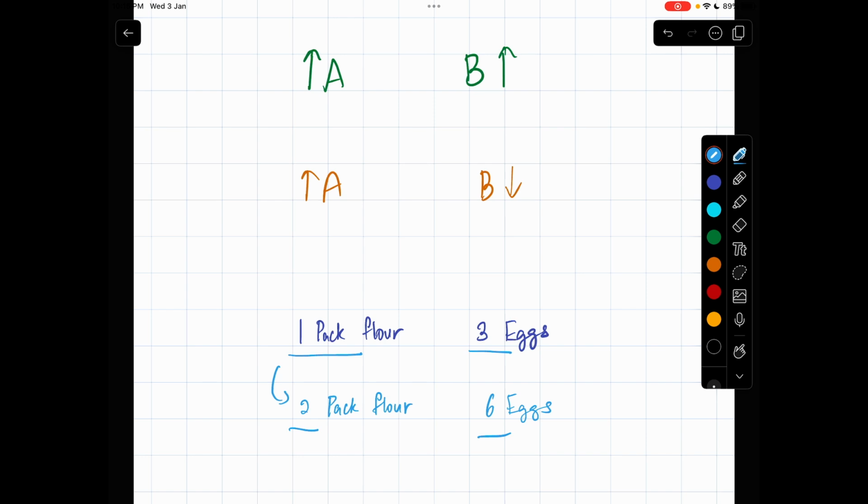So what we did here is we multiplied by 2 and multiplied by 2. This logical standpoint is what we refer to as variation mathematically. This is what variation is.